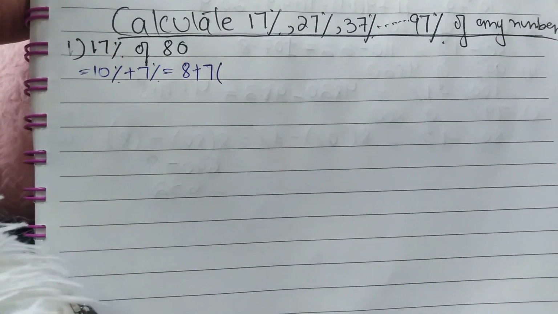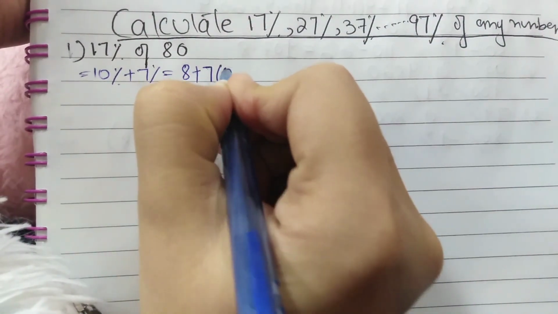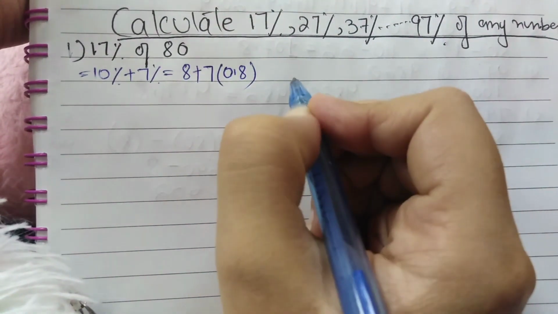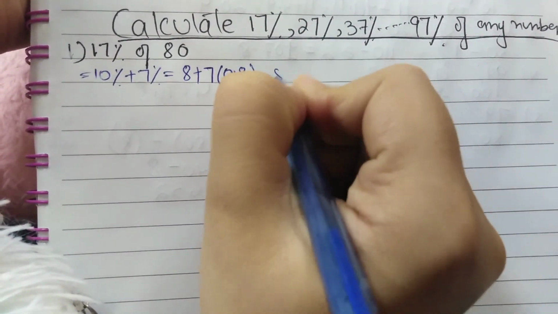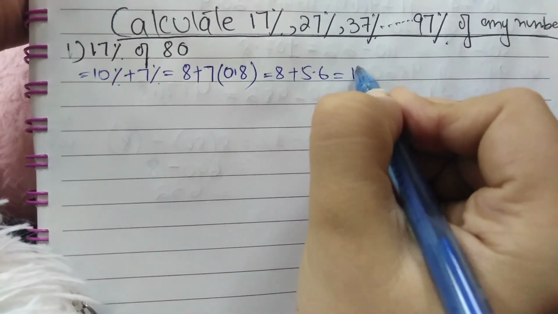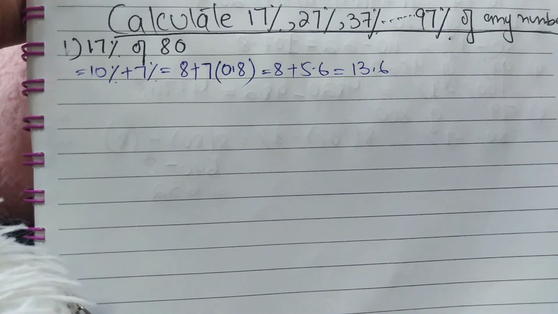What is 1%? As we discussed in the previous lecture, in order to find 1% of any number, place point 2 digit from right. So this will be 0.8 or 0.80. So multiplying 7 into 0.8 is 5.6. So by adding this, 13.6 is the 17% of 80.